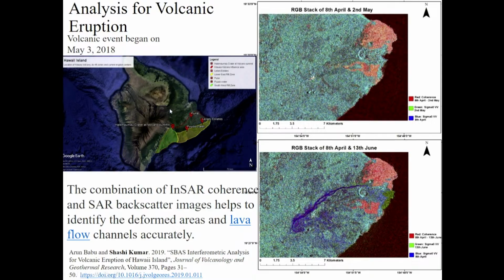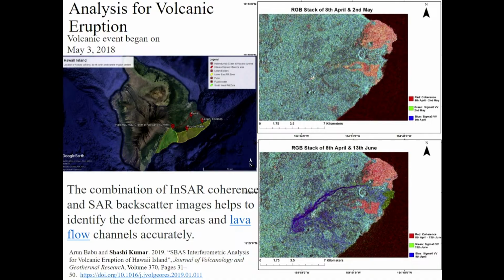Here if you see both the images, on the right hand side, the false color composite image is generated with the help of the synthetic aperture radar data set, in which the top image is the image in which the red band is represented by the coherence image, interferometric coherence.